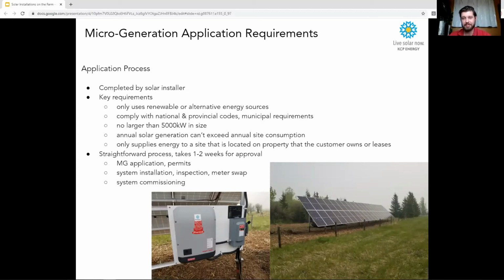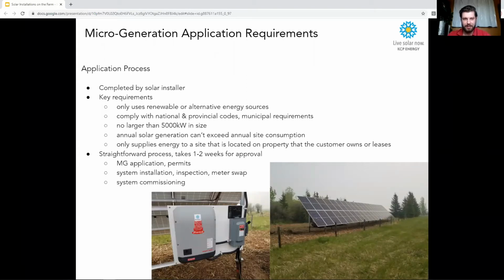After the installation is complete, you need to have an electrical inspection. And once that is approved, the utility comes out and they install a bi-directional energy meter at no charge to the customer. And then once that bi-directional meter is installed, you can have the installation company back out to commission the system. And once it's commissioned, it will start producing power.